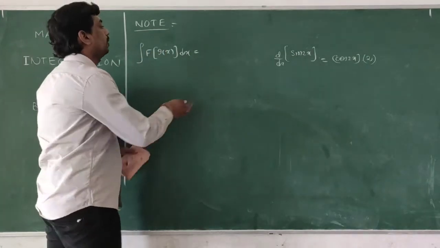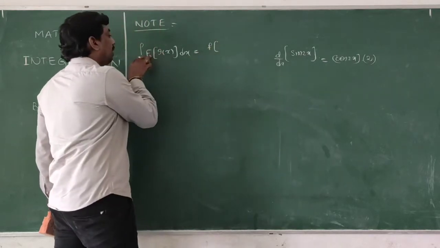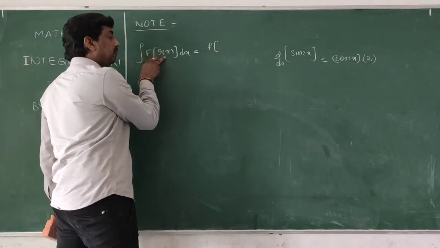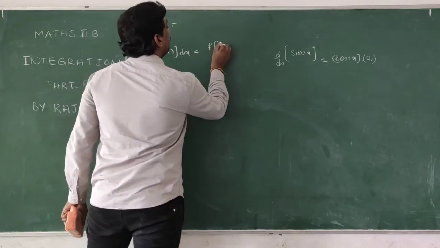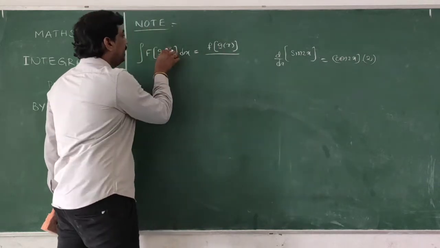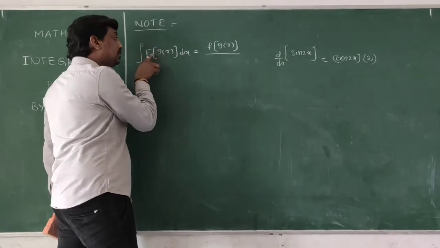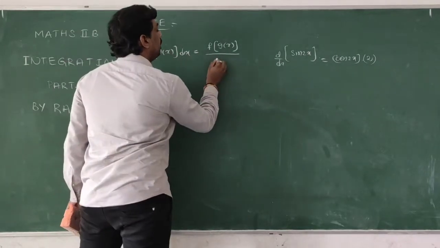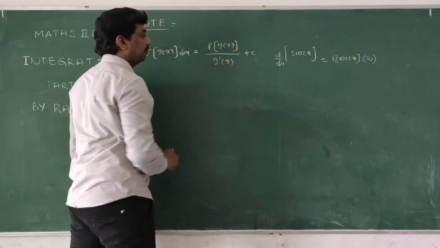Since capital F is a function of g, we get small f of g of x, divided by the internal function, the derivative of g, denoted by g dash of x, plus c.